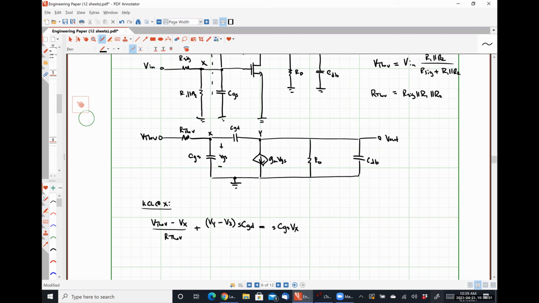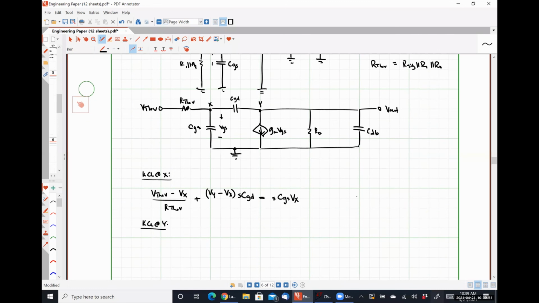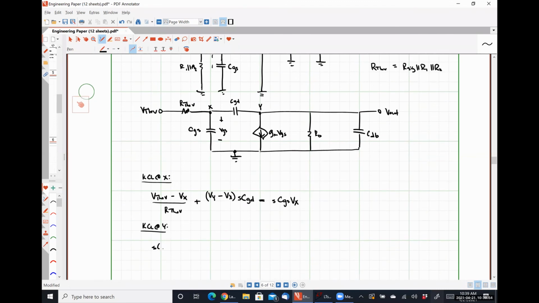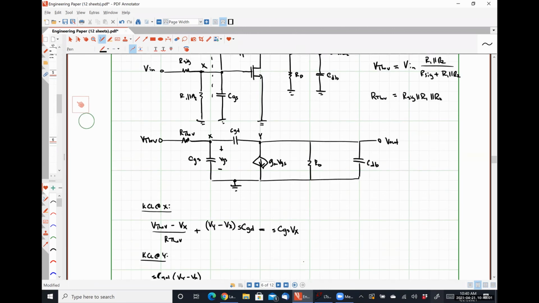What I am going to do, let's see. No, because I'm not going to do all these terrible substitutions. We're going to skip that. If I do KCL at Y, I'm going to have S CGD times Vy minus Vx. So that's my current flowing to the left.